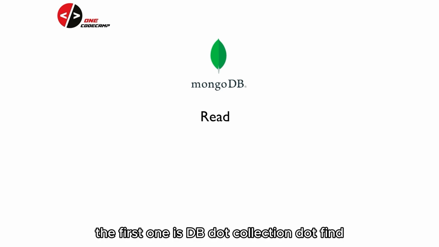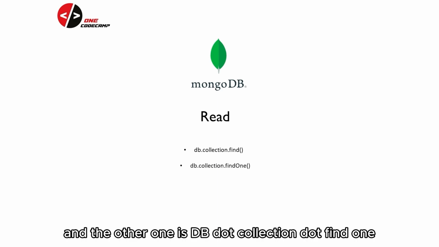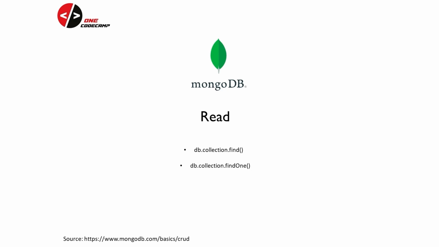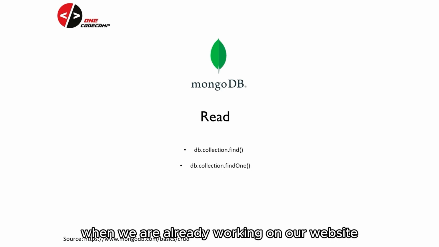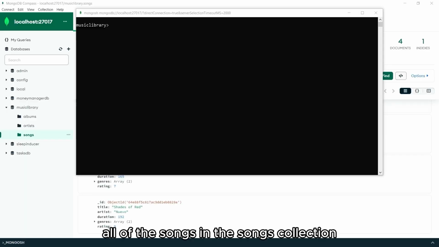The first one is db.collection.find, and the other one is db.collection.findOne. This is especially useful when we are already working on our website and a user wants to see all of the songs in the songs collection, for example.